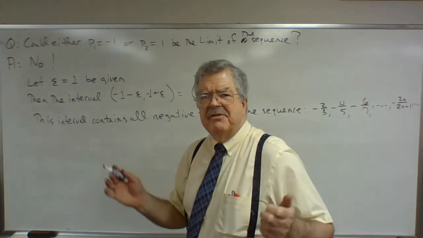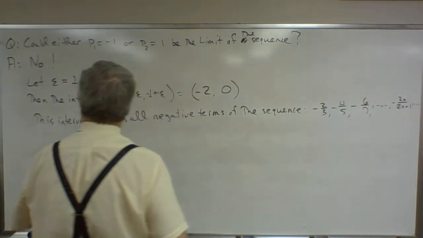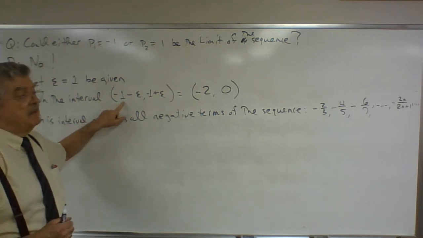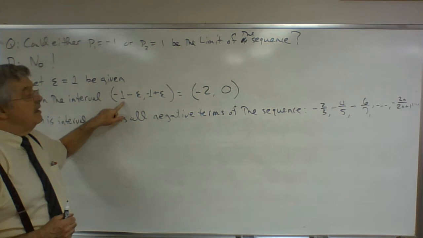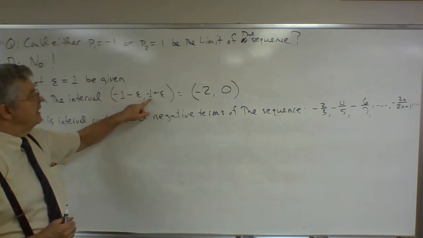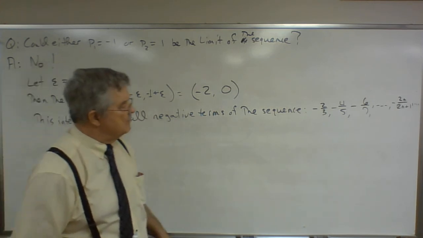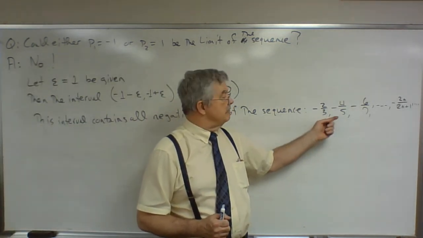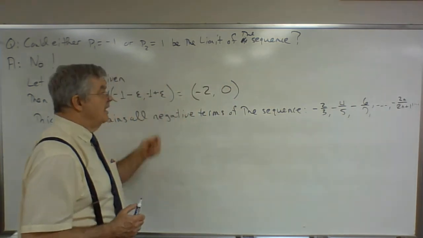Well, that's not surprising because -1 is a limit point of the sequence. So we know that every interval, -1 minus epsilon, -1 plus epsilon, contains infinitely many terms of the sequence, which this does.